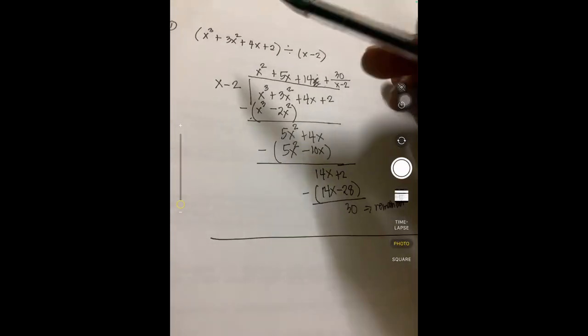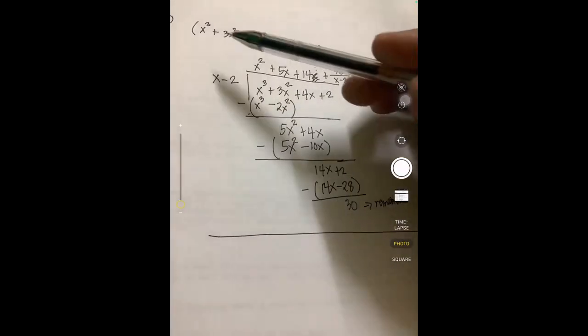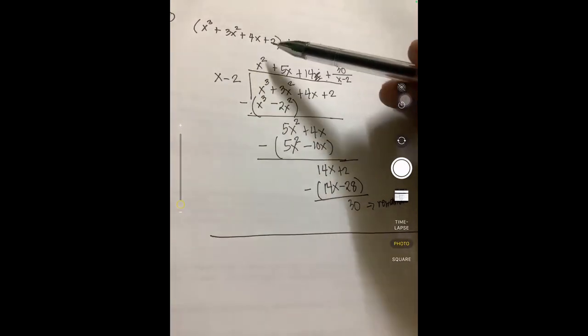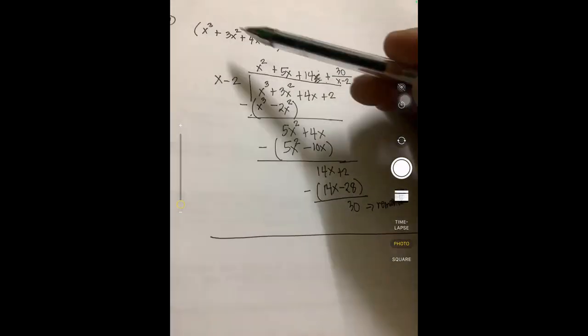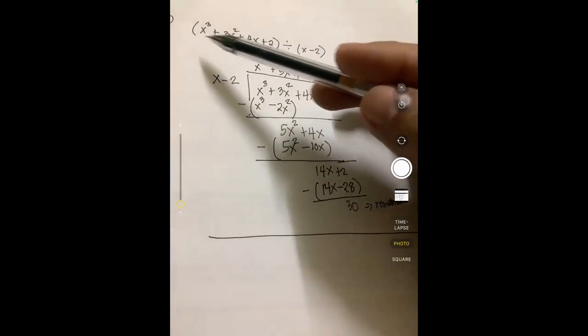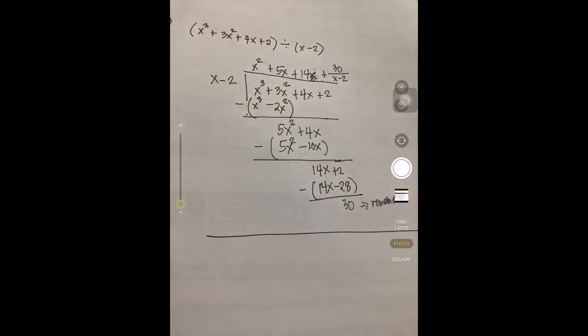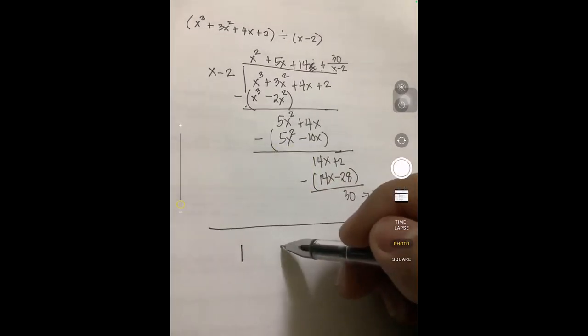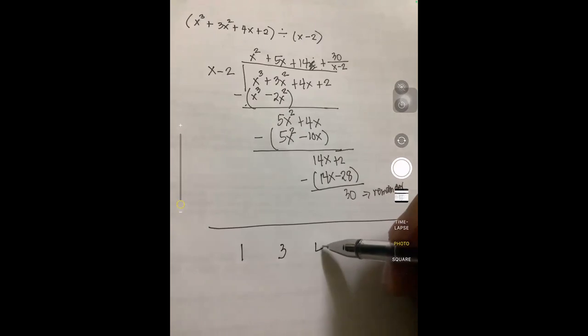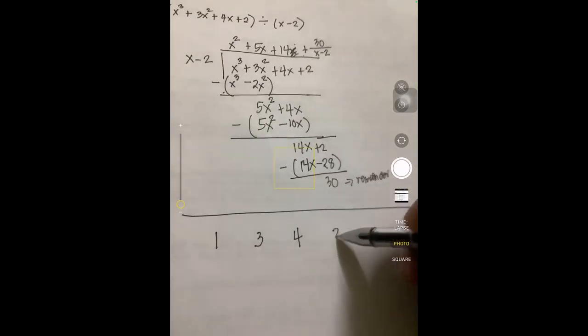When it is synthetic division, all we need is the coefficients of our dividend, then we equate our divisor to 0. First, I will list down the coefficients of our dividend. For x cubed, the coefficient is 1. Next, you have 3, you have 4, and you have positive 2.